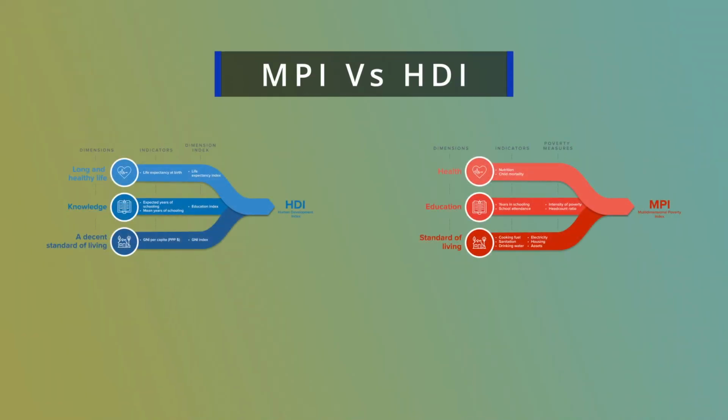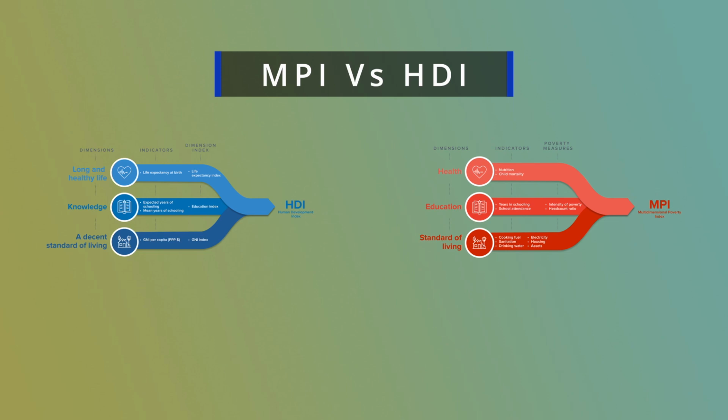This multidimensional poverty index is also distinct from the Human Development Index. The Human Development Index is a standard measure of development and underdevelopment of different countries of the globe that was introduced in the 1980s in the Human Development Report. There are some differences between the two. It is true that the 3 dimensions are the same in both measurements: education, health, and standard of living.